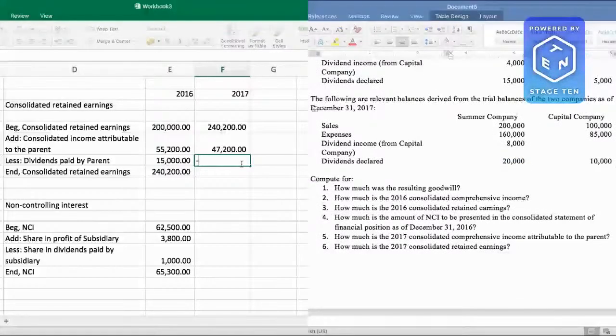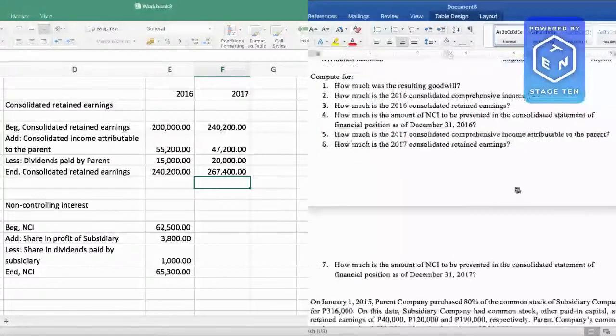So we will be deducting 20,000. So that means the ending consolidated retained earnings for 2017 is equal to 240,200 plus 47,200 minus 20,000. You would get 267,400.